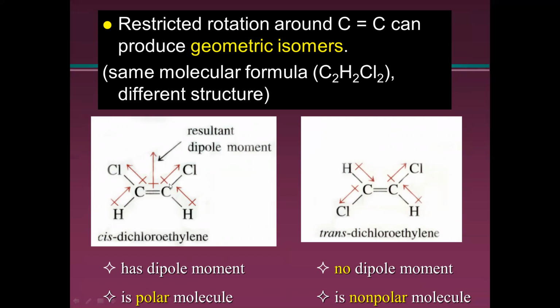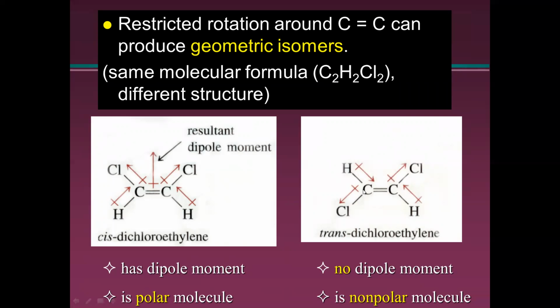In this case, because of the dipole moments here, the overall dipole moment will go up. So this is a polar molecule, if you recall what we learned in the last class. And this is nonpolar because the dipoles cancel out.